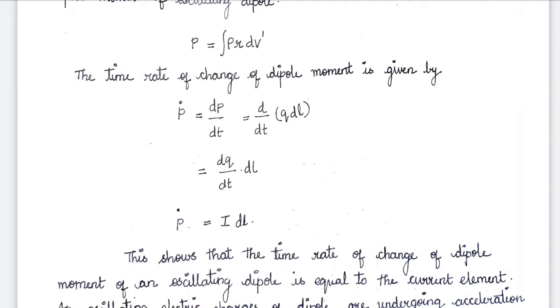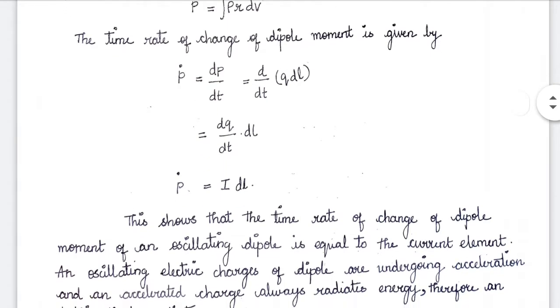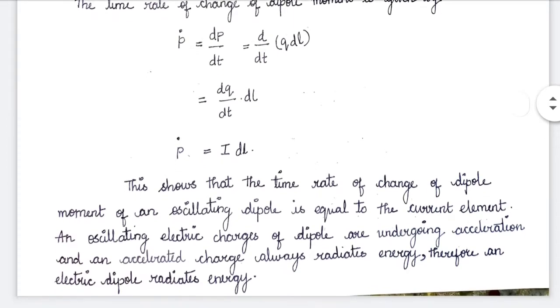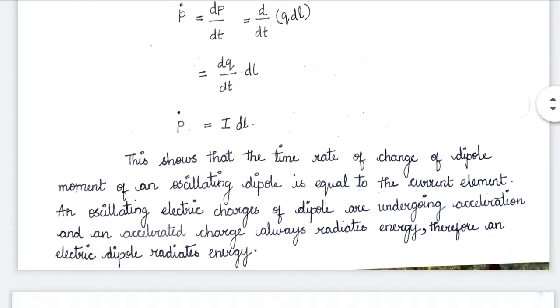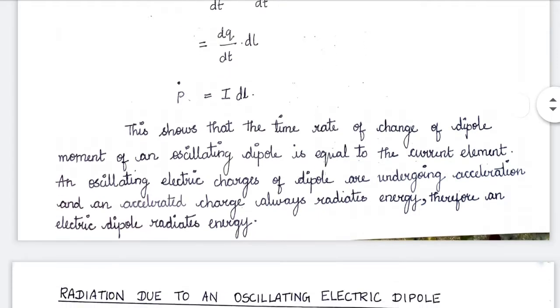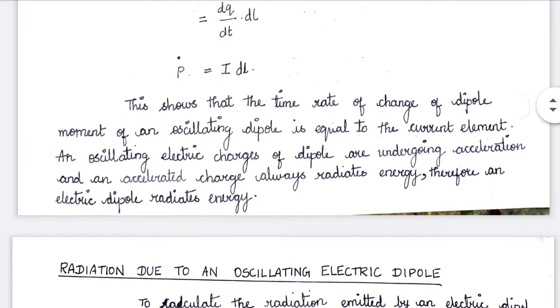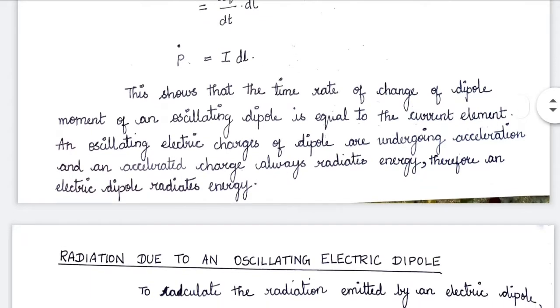The time rate of change of dipole moment can then be written as p dot is equal to dp by dt. We know the value of p is q dl, so it is dq by dt into dl. We know dq by dt is the current, so p dot is equivalent to the current element I dl.